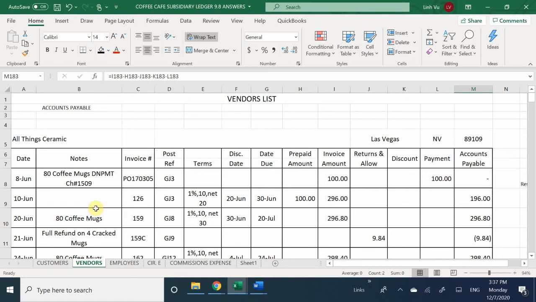I don't know if there are additional charges on that besides, like, shipping or anything. Of course, I pulled up the invoice, because I don't have that.